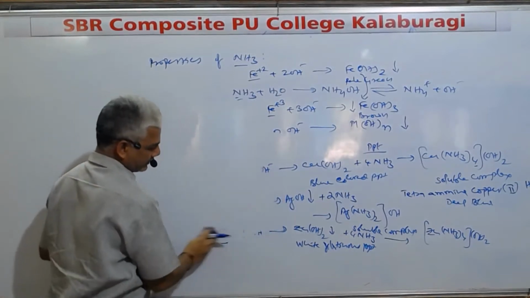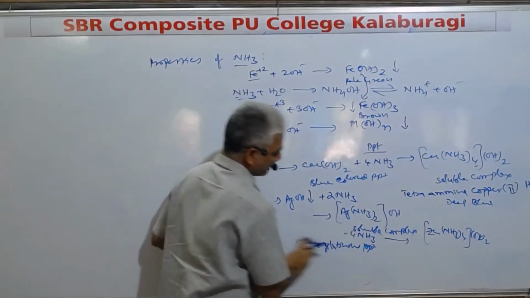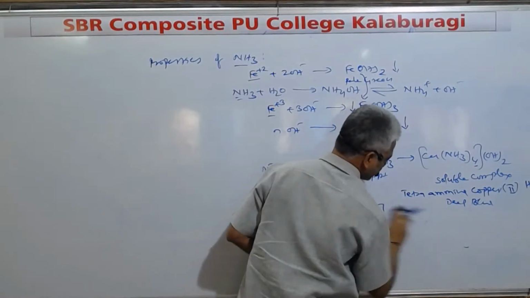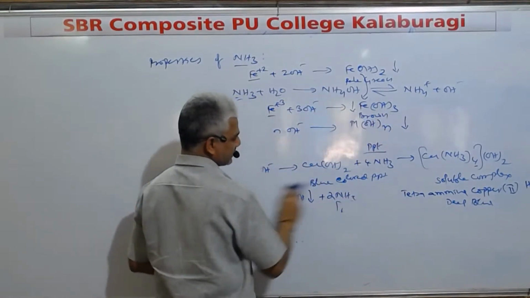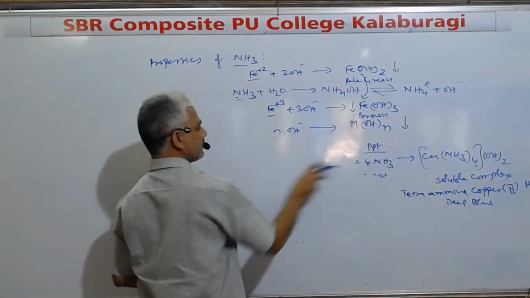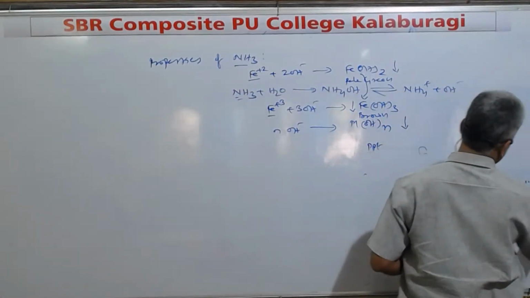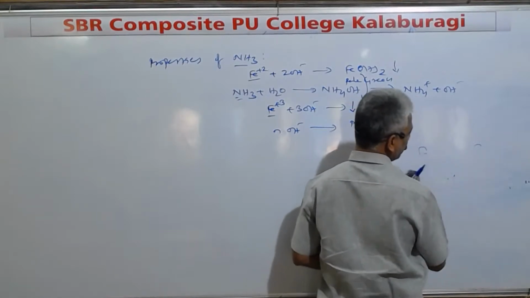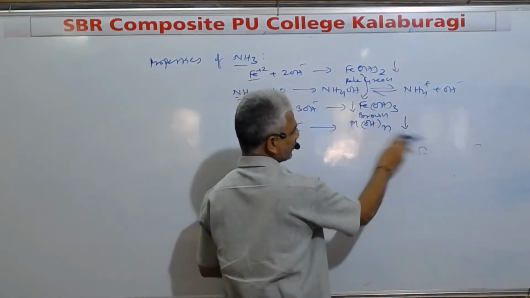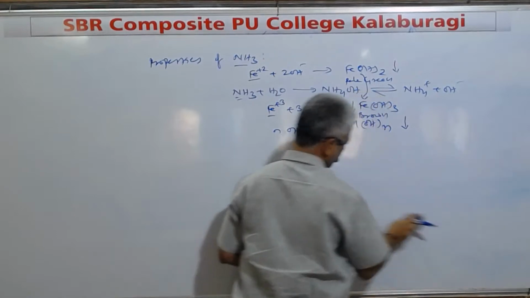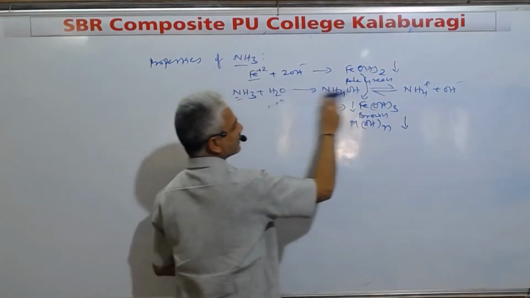That we will see later. And ammonium nitrate can be used as a fertilizer as well as an explosive. A mixture of aluminium powder and ammonium nitrate is called ammonal. These combinations you have to remember.